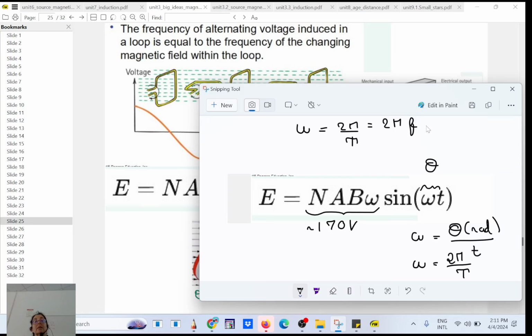So in the US, that's going to be 2 pi times 60. So 2 times 60 is 120, so 120 pi. So the equation for the outlet will be 170 sine of 120 pi times time.